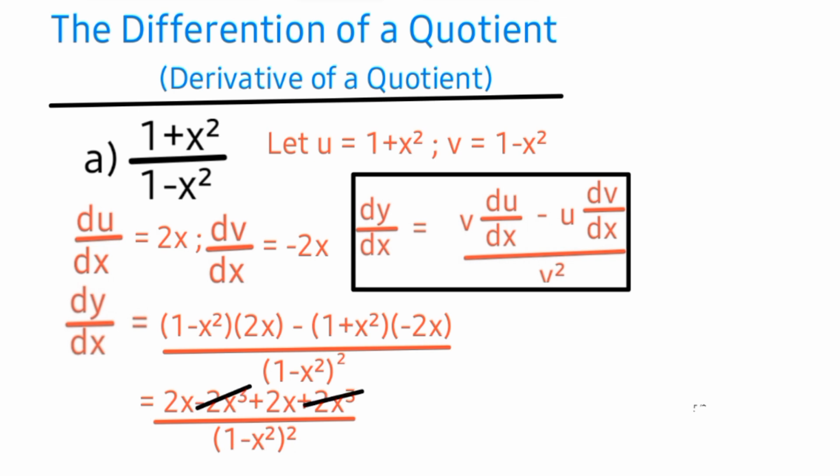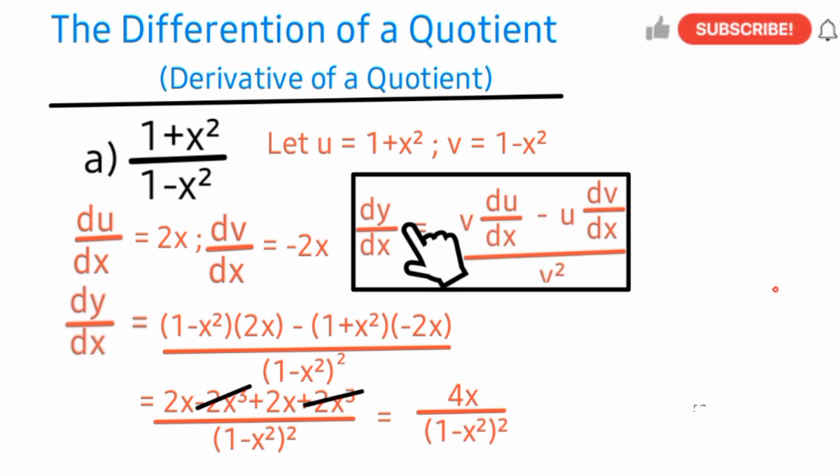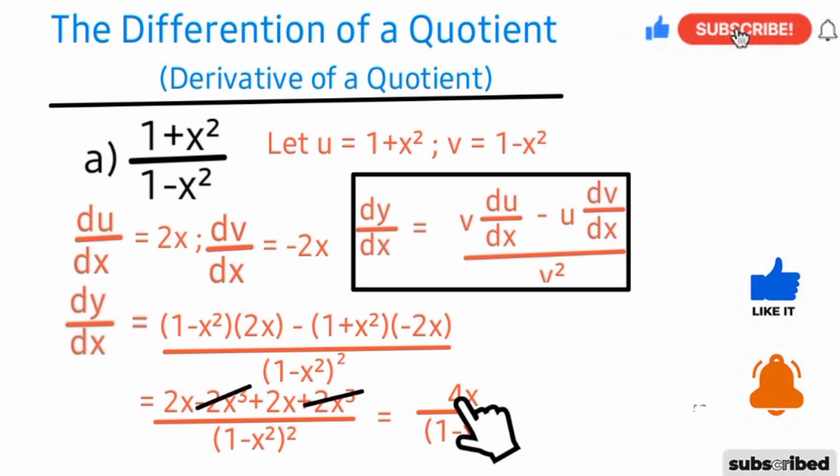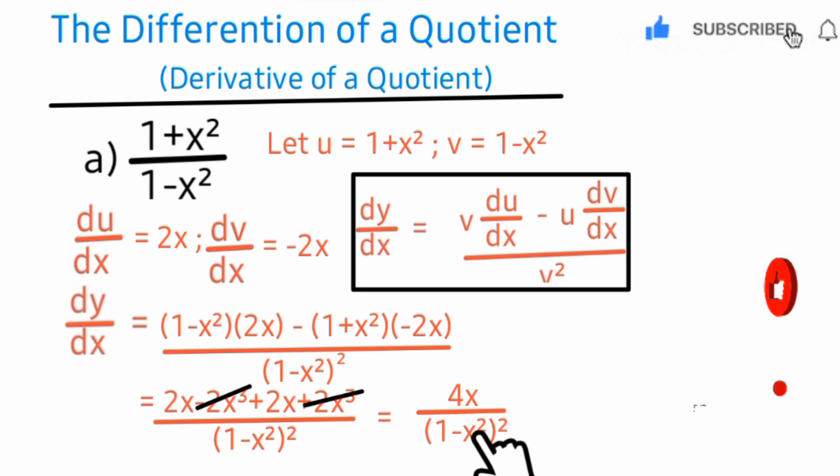So on the numerator we are left with 2s plus 2s, which gives 4s, and then divide by 1 minus s squared, all squared. So we succeeded in using the quotient formula to find the derivative of this quotient, and that gives 4s over 1 minus s squared, all squared.